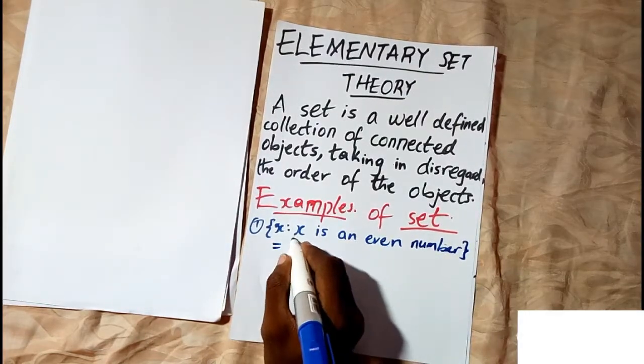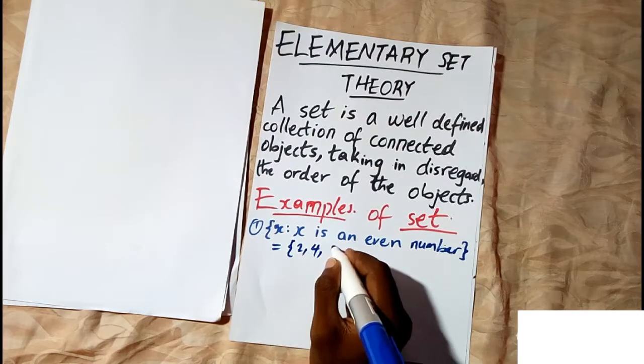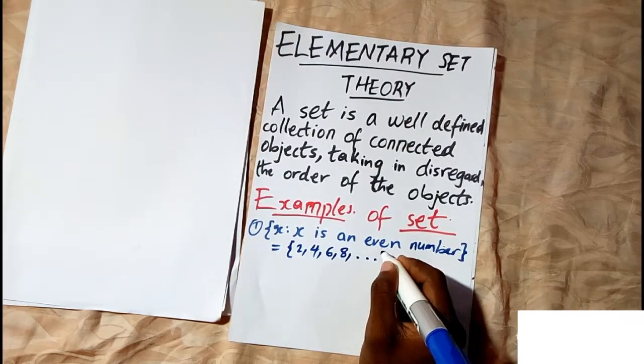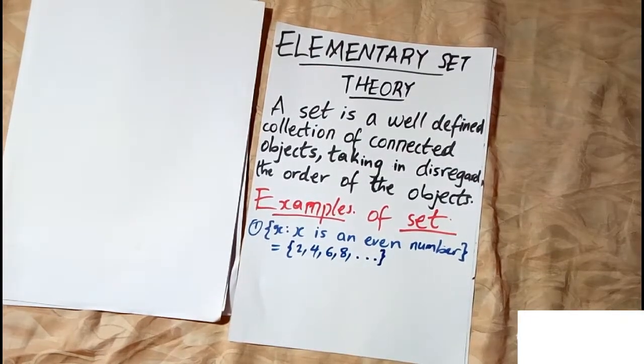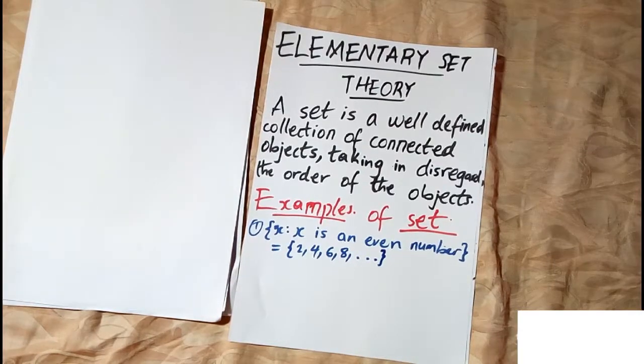Let's say 2, 4, 6, 8, dot, dot, dot. The triple dot there means the set continues. This is an example of a set. The connection there is that they are even numbers.